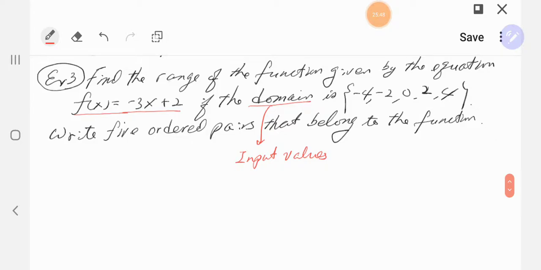Okay, so we want to find the range. What is the range? Range means output. Based on the input, we'll get the output, in this case f of x. The domain is the input values, x. They are -4, -2, 0, 2, and 4. f of x is based on each input.